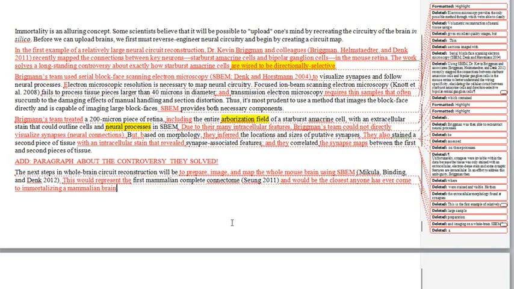Add a paragraph about the controversy that was solved. And other than that, there's not too much else to do on this one. Maybe go back to that electron microscopy paragraph and see if there are any details that could be cut there. But I think it's reading really well. It was a really good paper to start with, and hopefully going through the editing process like this has been helpful for your own approach to papers.